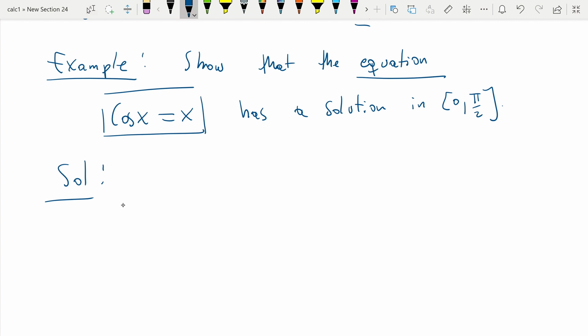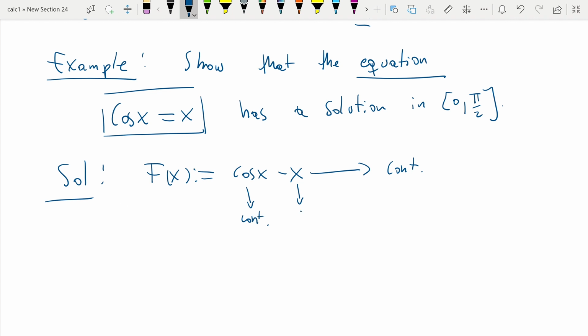So the first thing here is we're going to define f of x as cosine of x minus x. This function here is continuous because cosine is a trigonometric function and x is a simple polynomial.